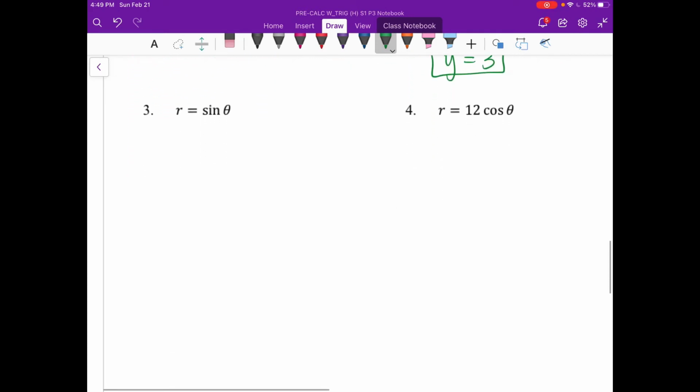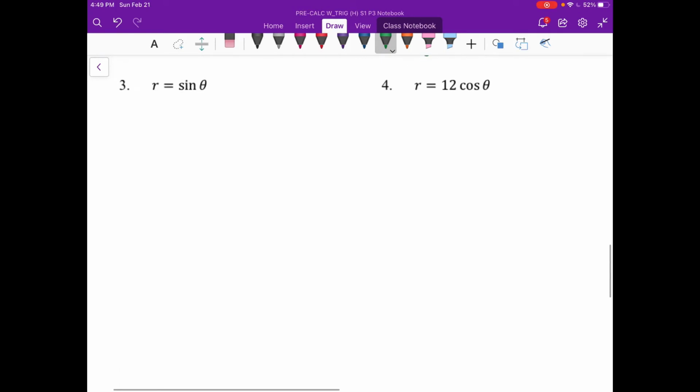And we're going to go a little bit out of order and solve number 4 first. So same concept: I can't do anything with just r by itself, but I can do something if it was r squared. I'm not going to square the whole thing this time because there's more going on. Instead, I'm going to multiply the whole thing by r.